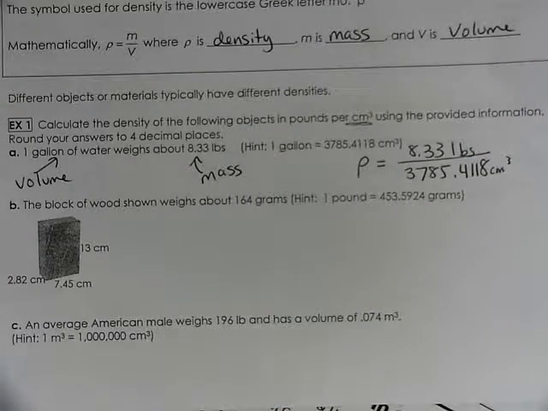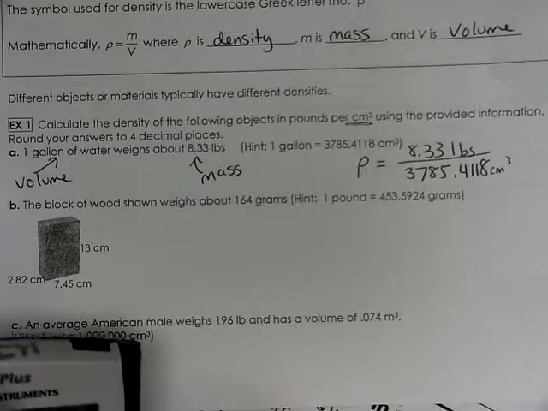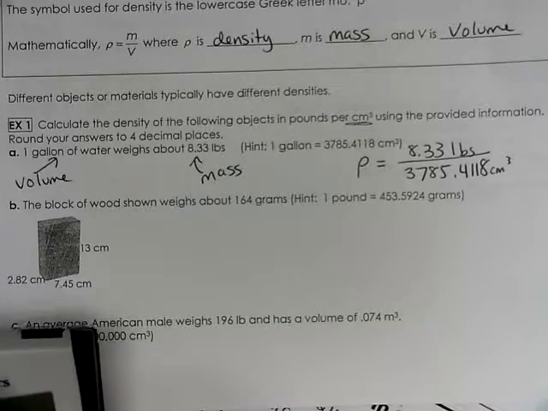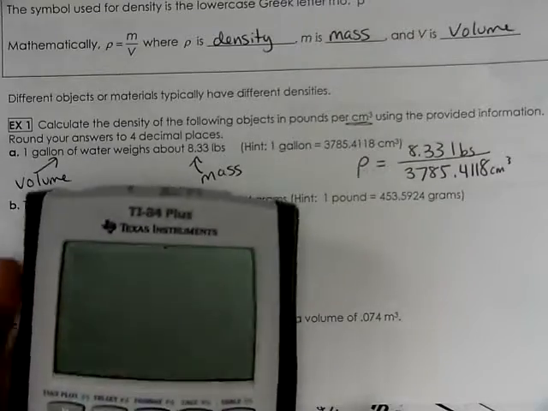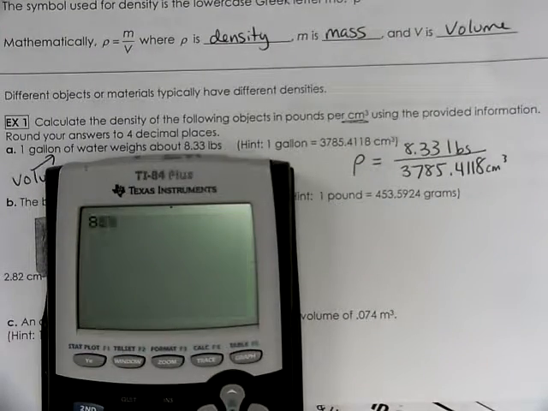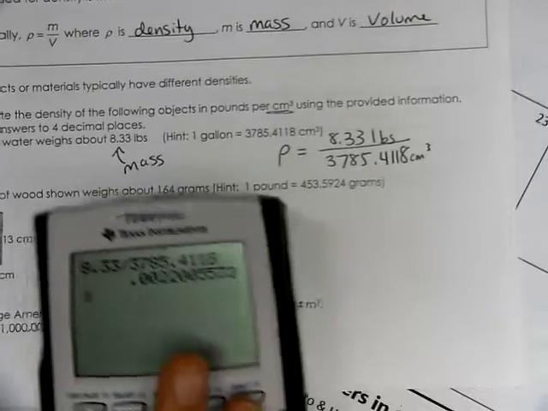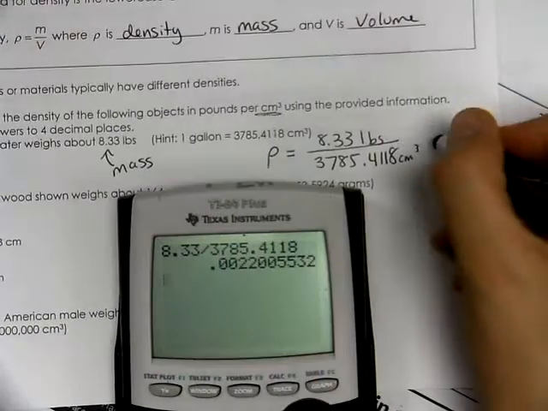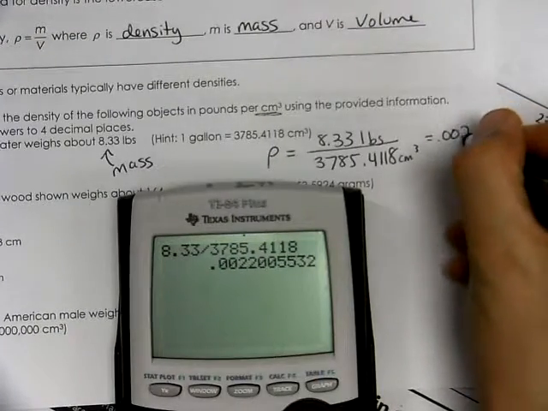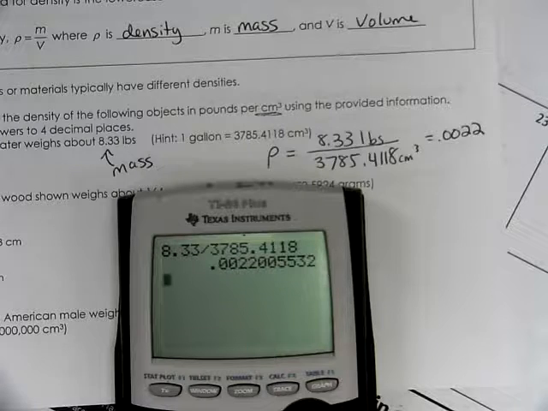We can't just divide by 1 gallon, so we have to convert the gallon, that's why the conversion rate is there. If I divide, we're going to round to 4 decimal places, 0.0022.